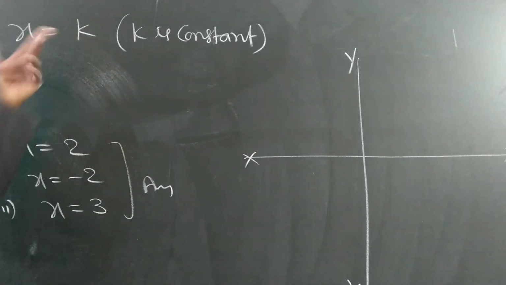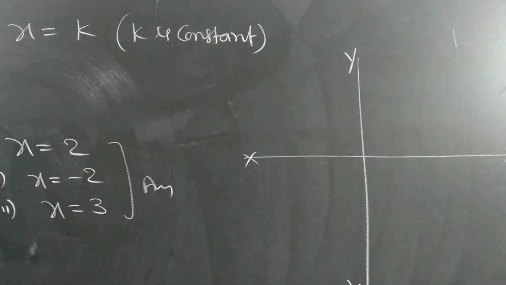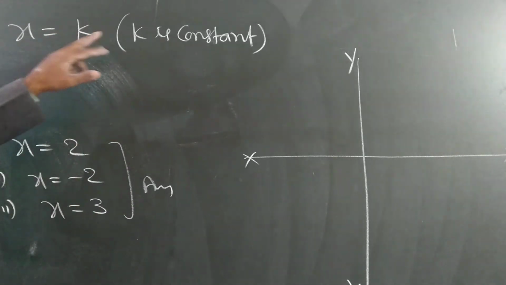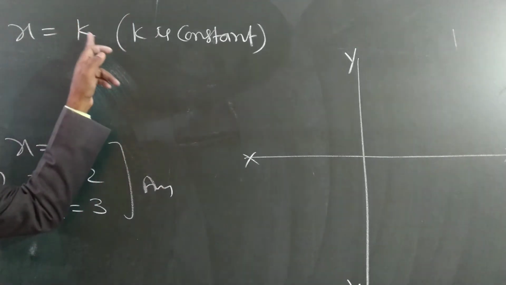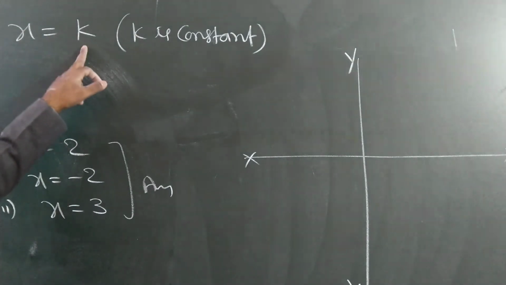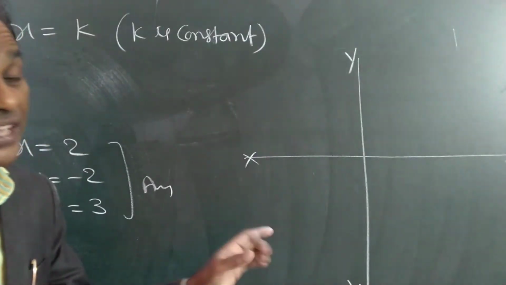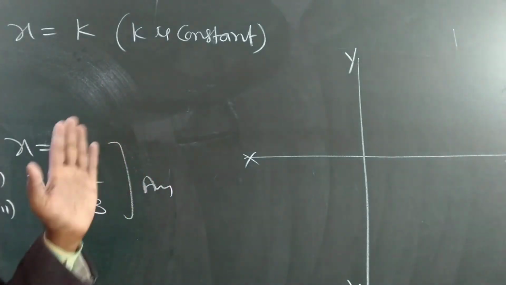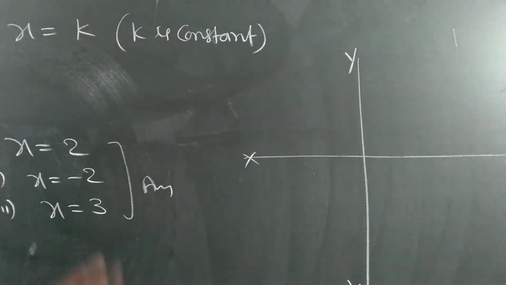What will be the shape of this line? How will this line be? X is equal to 1, 2, 3, any constant, x is equal to any number will be parallel to the y-axis. This is a very important bit you have to remember. Even in higher classes also you will get this.